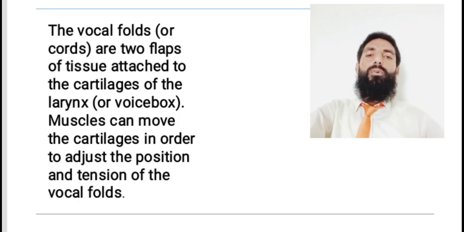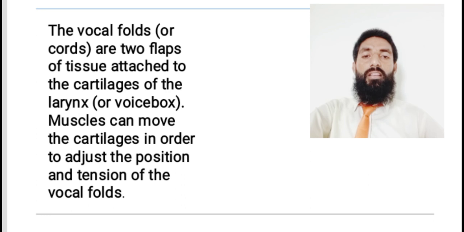The vocal folds or cords are two flaps of tissue attached to the cartilage of the larynx or voice box. Larynx is also known as voice box. Muscles can move the cartilage in order to adjust the position and tension of the vocal folds.